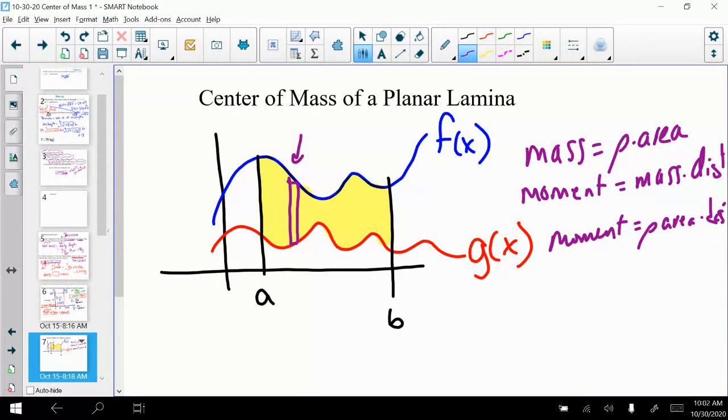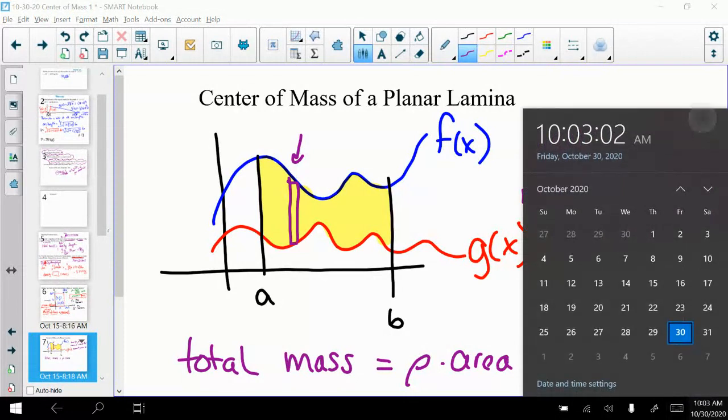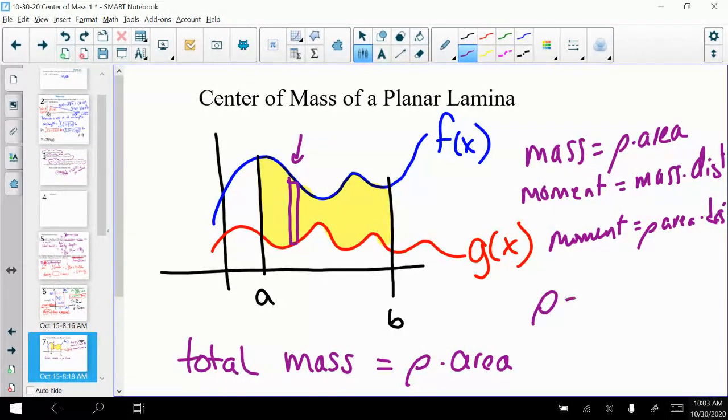So what we want to think about is, first of all, our total mass, just because it's a little bit easier. Because we said mass was rho times our area. Now, rho, like I mentioned, is for our density. But the other important thing about rho for us is rho is constant.